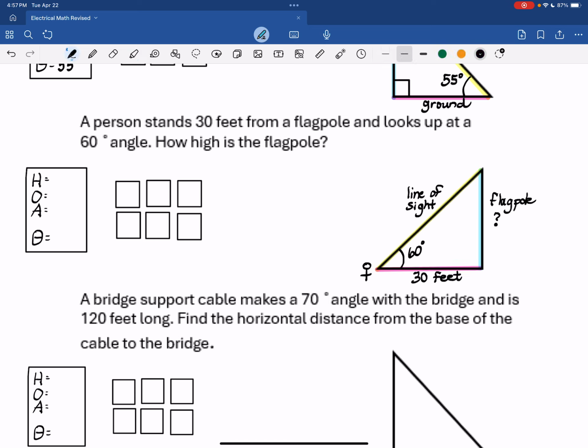So let's fill in our variable box. We know that the ground is adjacent. That's 30 feet. We want to know the height of the flagpole. That's opposite. So this time we're dealing with O and A. We also know that theta is 60 degrees. So this time we want TOA.